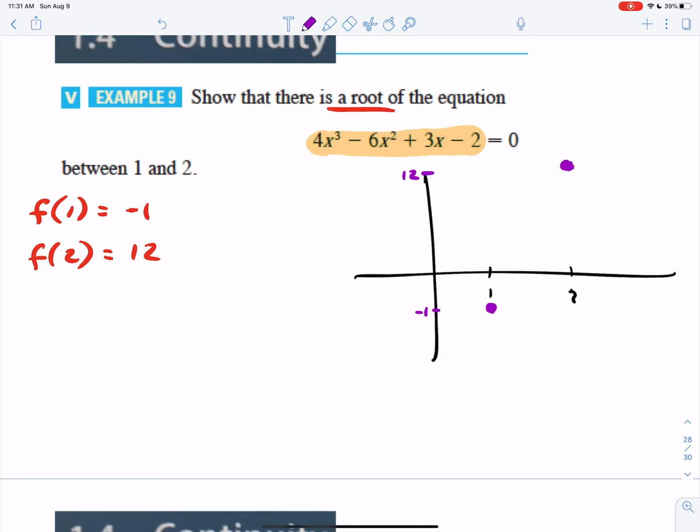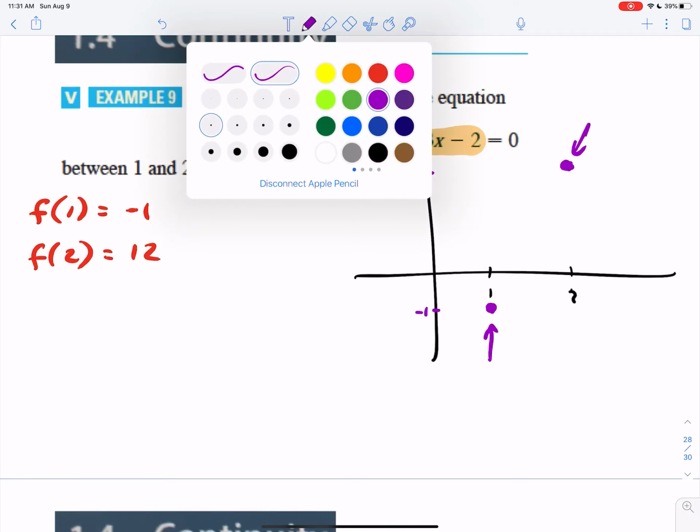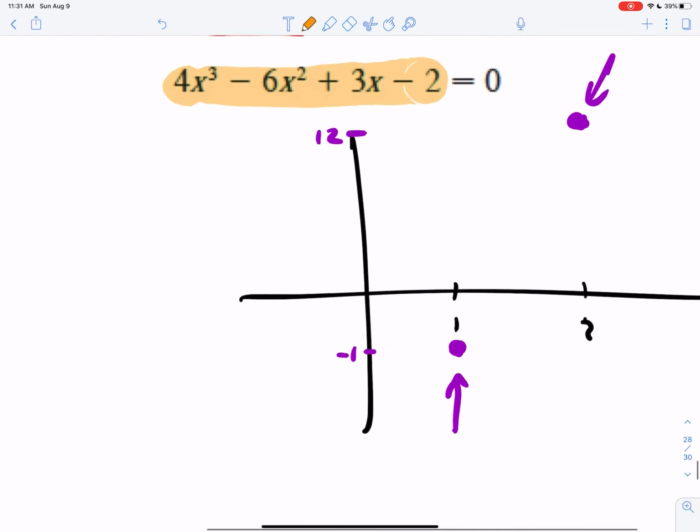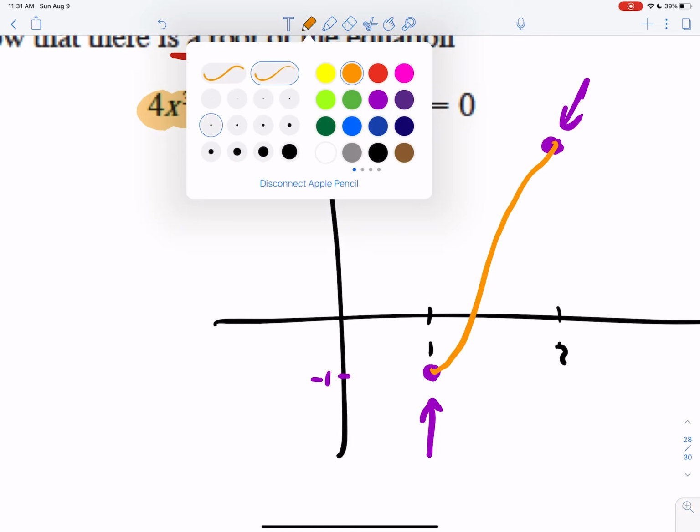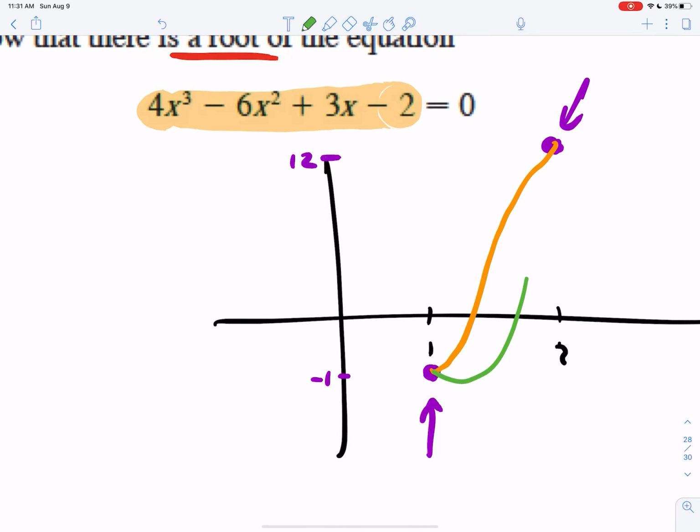Okay. So if at 1, I'm at -1, and if at 2, I'm at 12, am I guaranteed to have a root in between? Since I know the function is continuous, take a look at this, okay? I don't know exactly what happens in between, but I know that it's continuous, meaning that some way or another, this could travel like that, or like this.